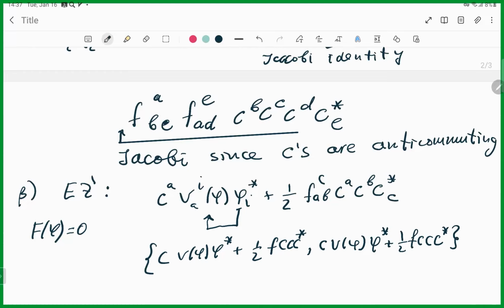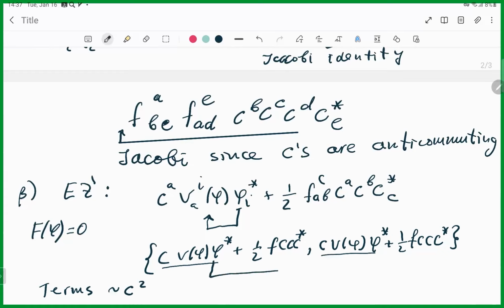Now I will look for terms quadratic, proportional to C squared. How can I get these terms? One way to get these terms is to consider pairing between these two guys.